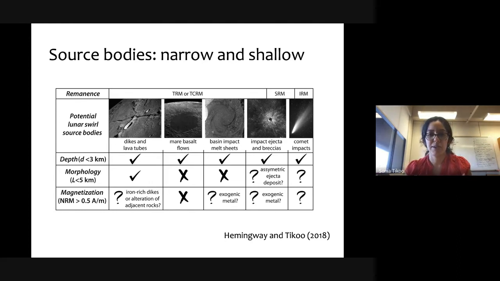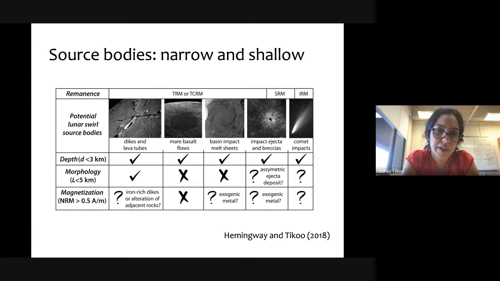And so we looked at a bunch of different geological features. We considered things like dikes and lava tubes, Mare basalt flows, basin impact melt sheets, impact ejecta and impact breccias, and also remagnetization by comet impacts, which is a hypothesis that was advanced by Peter Schultz.